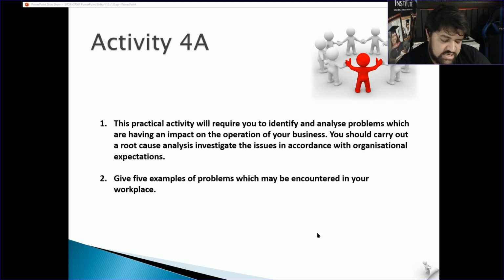Not having enough financial resources, not having enough staff, poor rostering situations, the procedures not being sound and not proper for the situation, and then having unrealistic expectations of your workforce to where it might not be able to be done with few staff members, or most people are not skilled. It might be a training issue. There's so many. So just give me 5 examples that you've encountered at the workplace that might be a problem, and then once you're done, come back and we can move on to the next one.